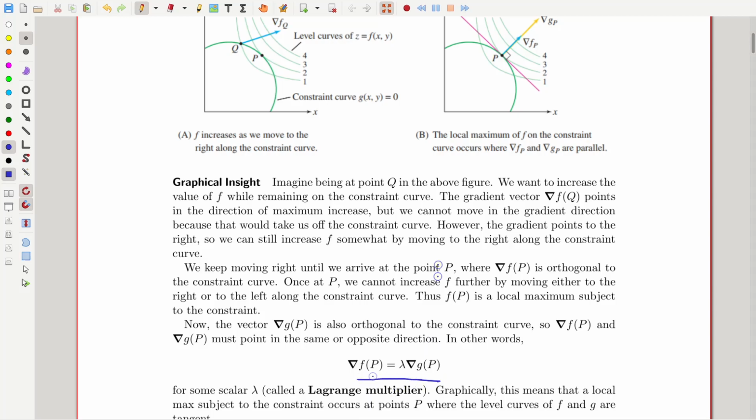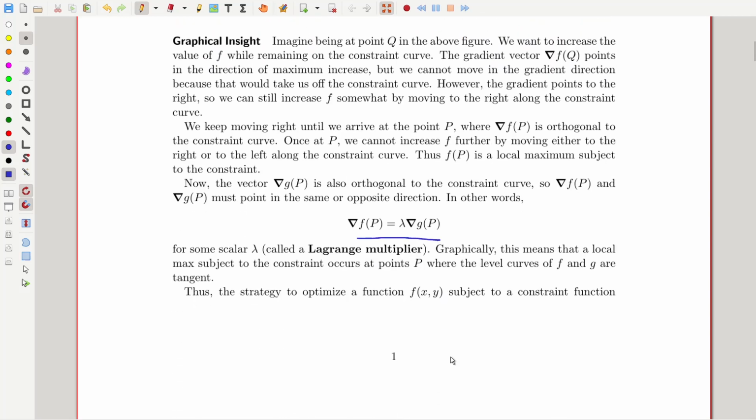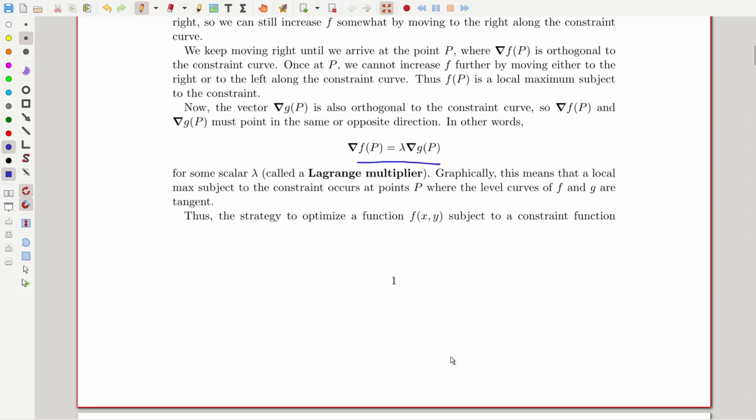So this visual depiction is to try to explain why we have this as the equation, or the system of equations that we solve for doing the Lagrange multiplier method. The Lagrange multiplier method boils down to rewriting this as a system of equations and then solving for the points that satisfy this relationship.